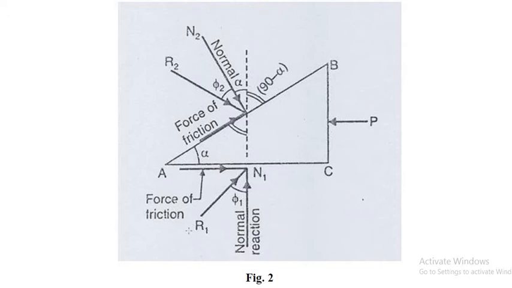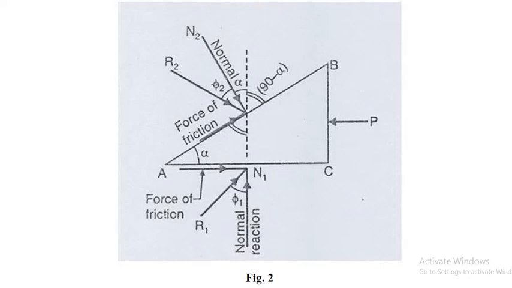So the normal reaction is this one, and this resultant R1 is due to the weight of this body on this surface AC and the friction on surface AC. Similarly, this resultant R2 is the reaction of the normal due to the weight of that body and the friction on this rubbing surface AB.